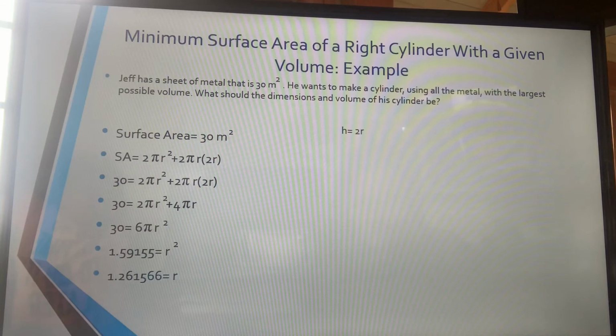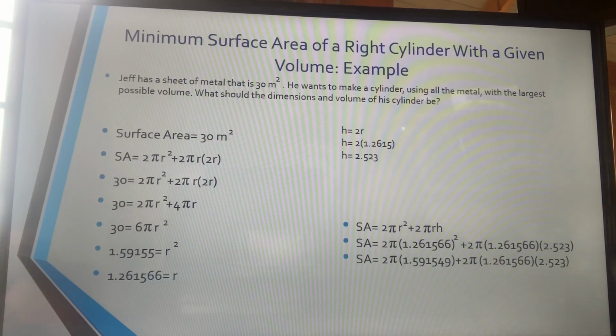We know that the height is equal to twice the radius, which equals about 2.5. Check this by putting the radius and the height into the surface area equation. This is correct because 30 meters squared is the original surface area given.